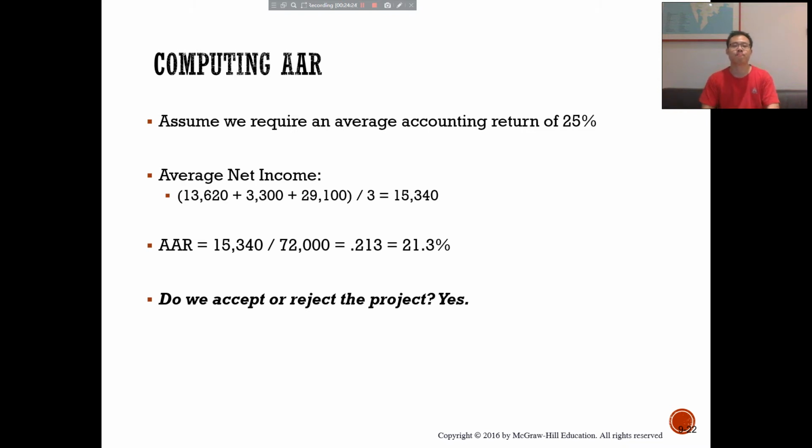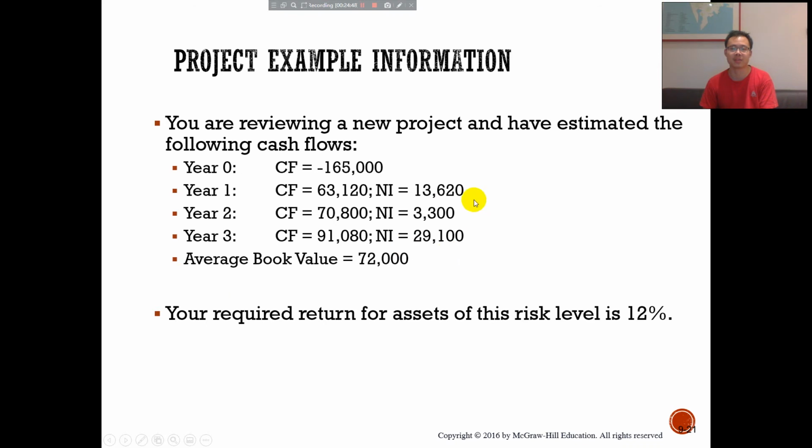We assume an average accounting return of 25. I think there is a typo here. But anyway, the average net income will be the sum of these net incomes divided by 3.